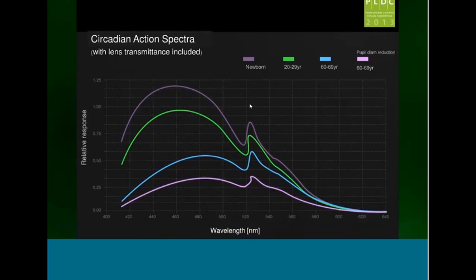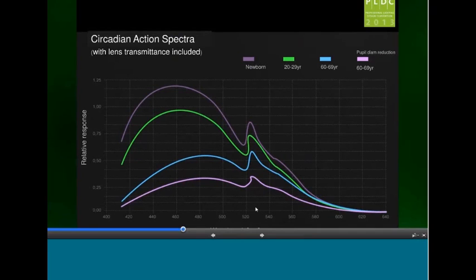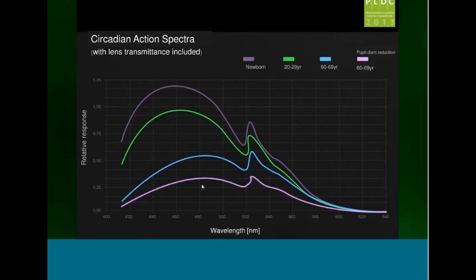So here this shows different age groups, and you can see how the blue part of the spectrum, so these are the shorter wavelengths here, around 460 to 480 nanometers, how less of that light is getting through the older you are. So here if we take the purple or pink color, you can see that less of the blue light in this part of the spectrum is getting through into the eye-brain system the older you are.